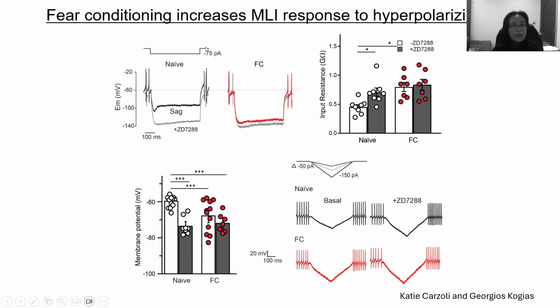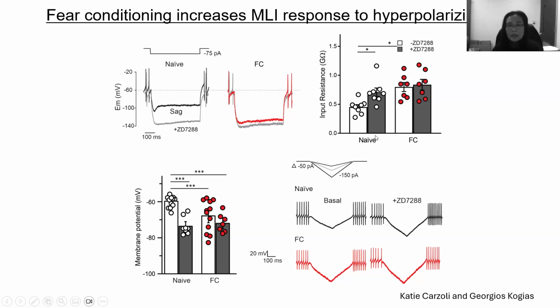So from a similar experiment with a smaller hyperpolarizing current injection, we calculate the input resistance, which is from the current injection and the voltage response. We found that fear conditioning increased the input resistance, almost double the input resistance compared with the naive.